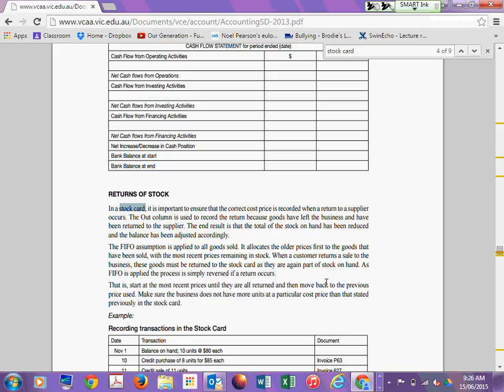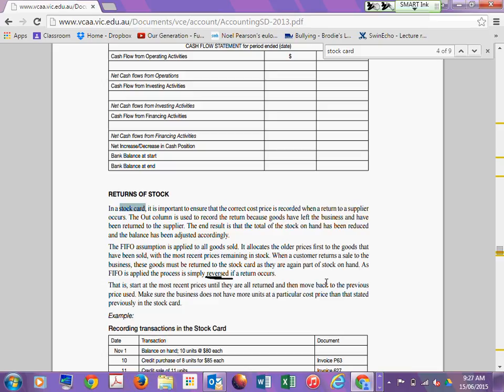That's not new learning, you knew that already. When a customer returns a sale to the business, these goods must be returned to the stock card as they are again part of our stock on hand. So what column will it go in the stock card? The in column, good.